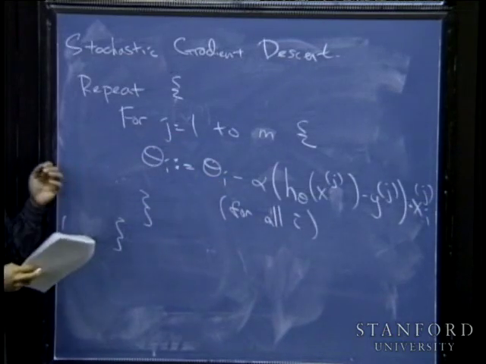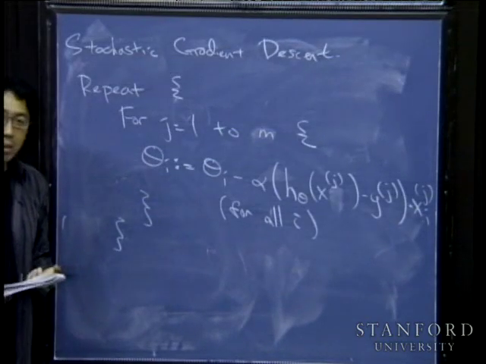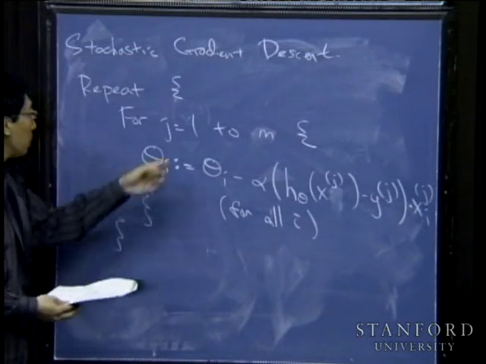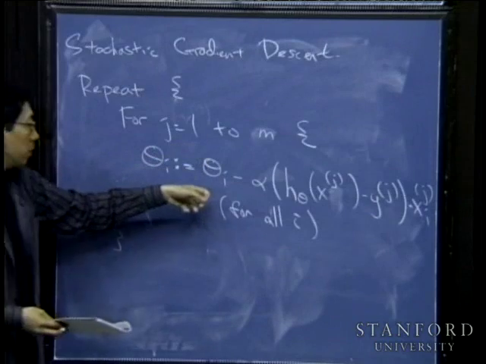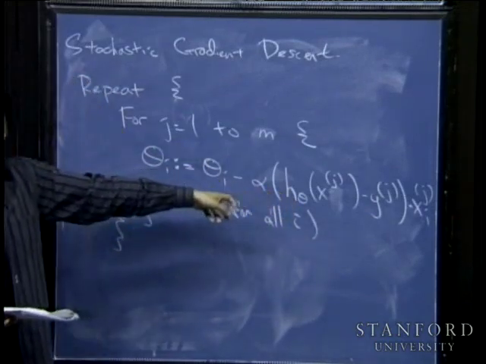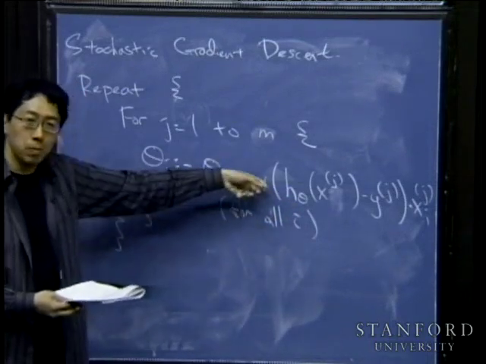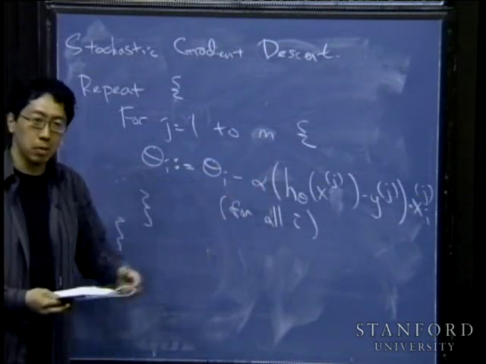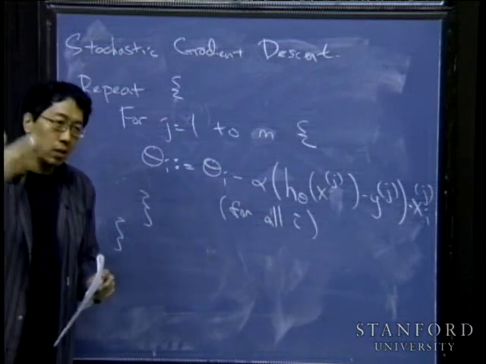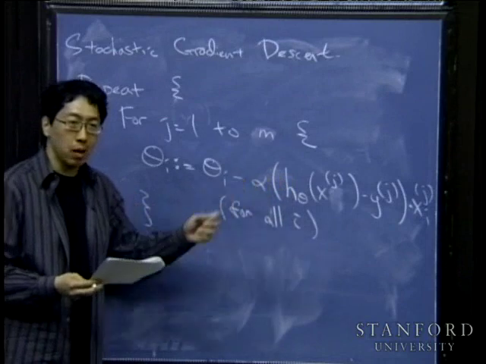The advantage of this algorithm is that in order to start modifying the parameters, you only need to look at your first training example. You perform an update using the derivative of the error with respect to just your first training example, and then you look at your second training example and perform another update, and you keep adapting your parameters much more quickly without needing to scan over your entire US Census database before you can even start adapting your parameters.